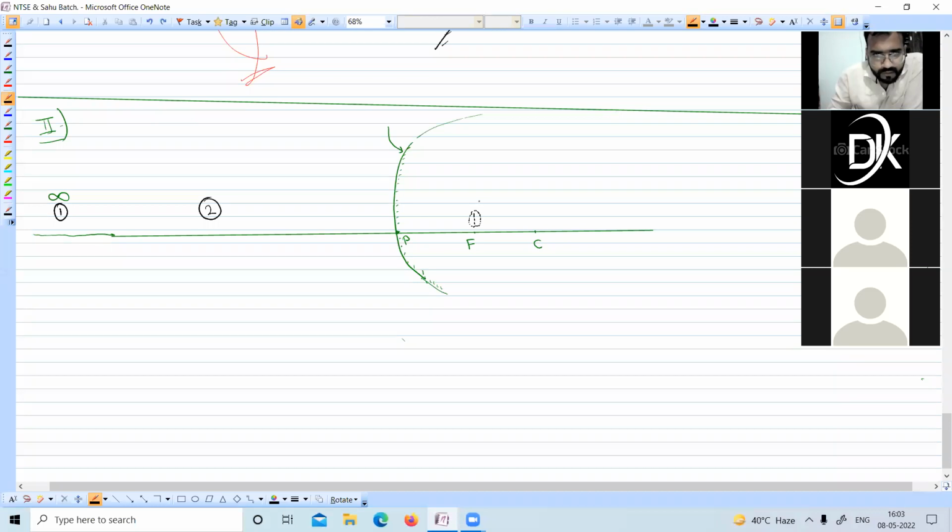It means virtual image. And I have put the image above the principal axis as the object is. It means it is erect, not inverted. If it would be inverted, I would have put it this way. Clear? Okay.